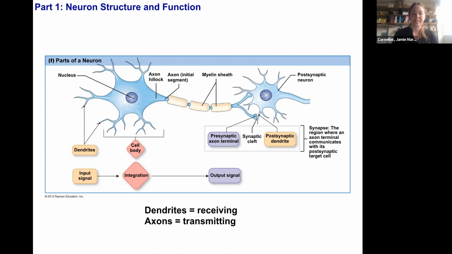So we have dendrites that are receiving information, axons that are transmitting information, and synapses that are using neurotransmitters largely, but sometimes electrical signals, in order to tell the next neuron in the chain that it has been activated.